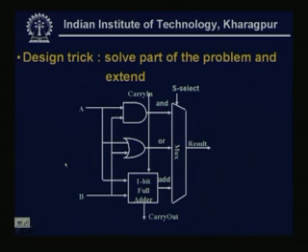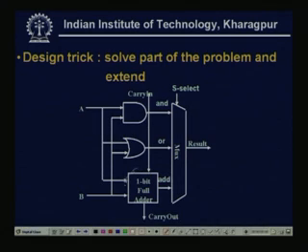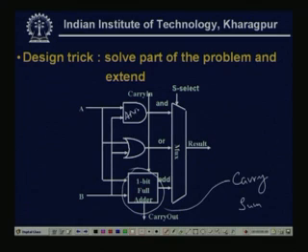So, the design trick is to solve part of the problem and extend. That means, first the 1 bit full adder is designed, it has two parts, the carry and sum, which we have just seen, and then the other logic, one AND gate and one OR gate, that we can do, and then the multiplexers.